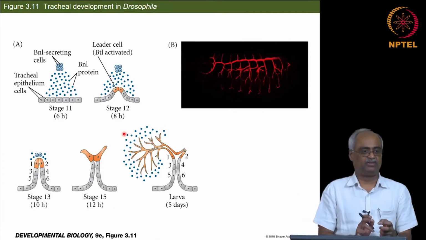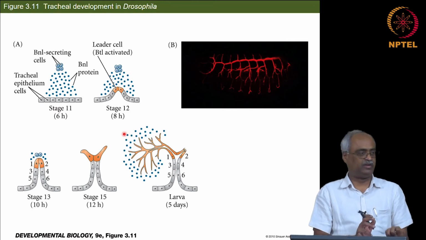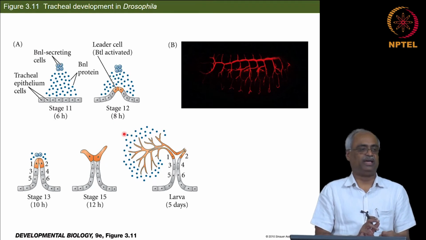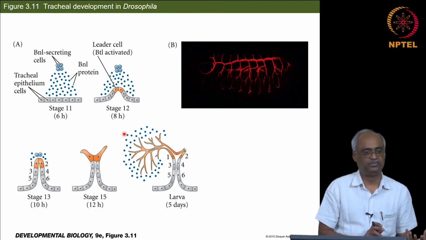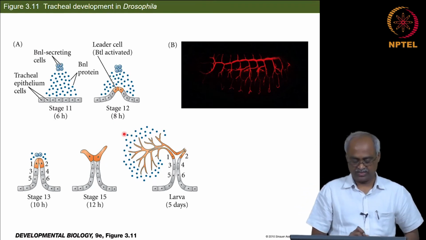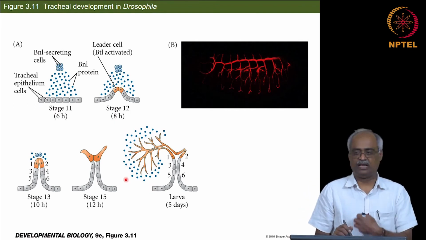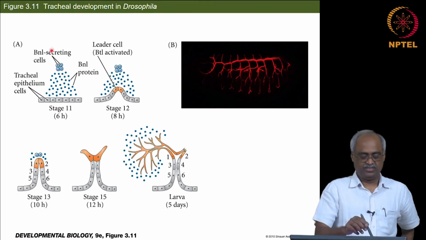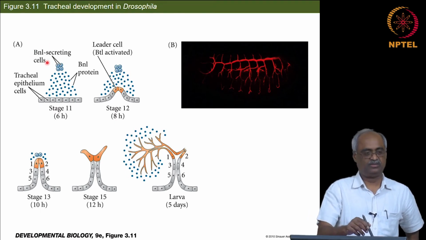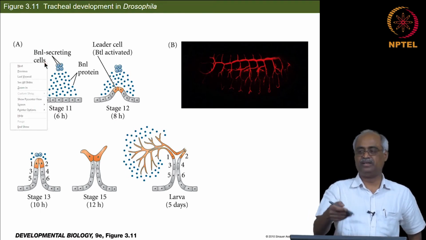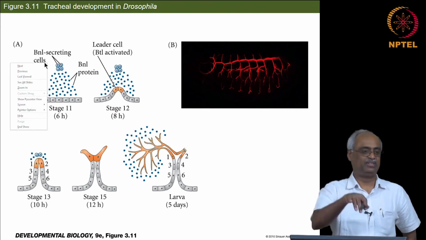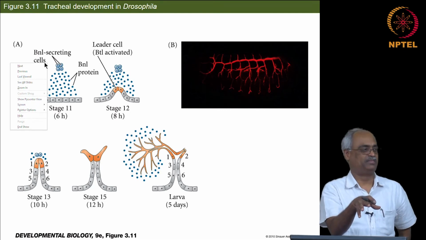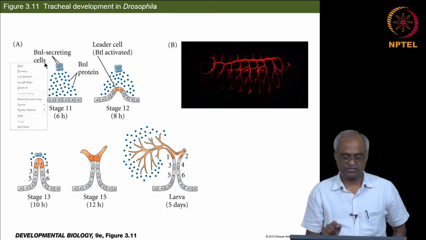The snail twist expression is within those ventral cells, but these morphogenetic movements can happen even for an external cue, and that is shown by this trachea development, the lungs of Drosophila, shown here. So this branchless, okay, meaning the mutant does not make branches, so therefore the gene is called branchless. So the wild type is required for branch formation, okay, so that is how genes are usually named.